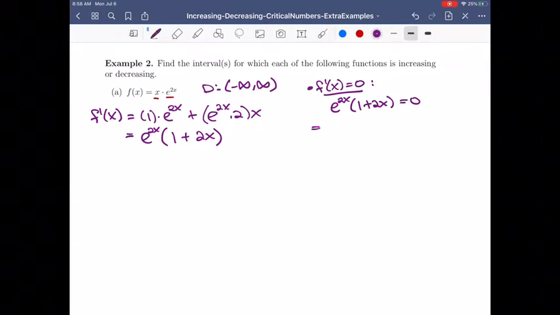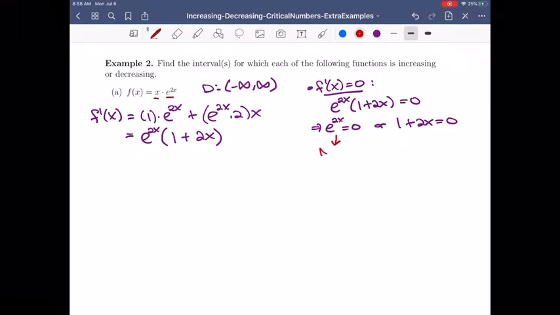So this means that e to the 2x is 0, or 1 plus 2x is equal to 0. Now, e to some power is never 0. That never happens, so there's no solutions of that type. So we just get, on this side, x is going to be negative 1/2.